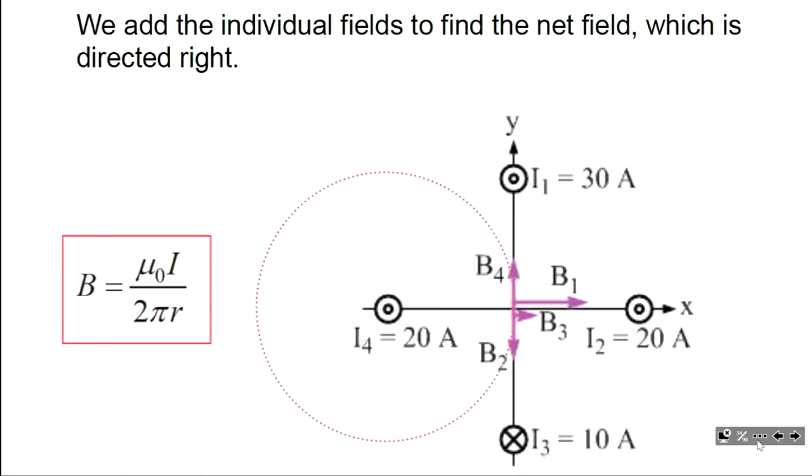What is different? Well, this wire and that wire carry the same current, same distance. So this magnetic field has the same strength as this, still cancel each other out. So the net magnetic field in this situation, again, is just B1 plus B3. And all you have to do is just calculate them together.